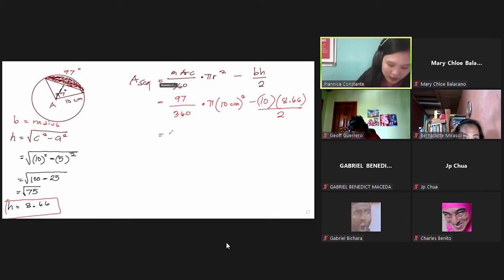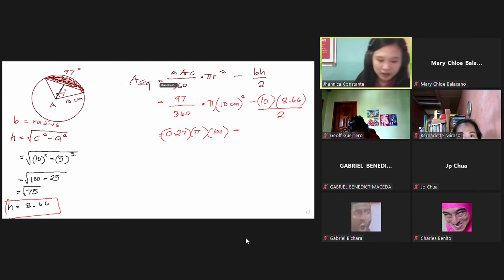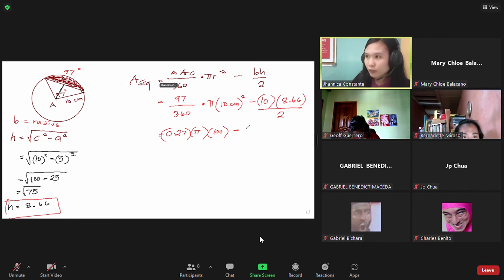So 97 divided by 360 is equal to 0.27 times the exact value of pi times 100, minus 10 times 8.66 divided by 2, which is equal to 43.3.